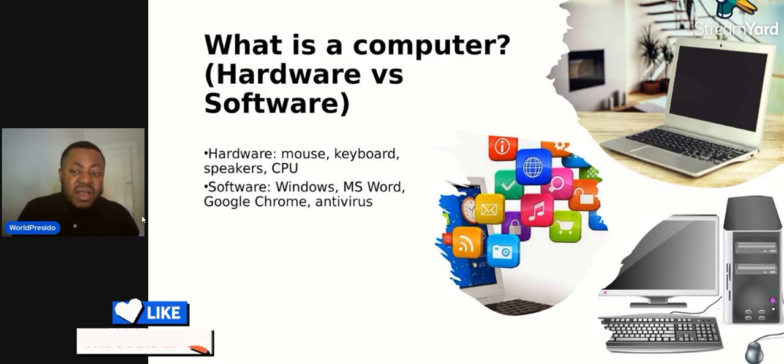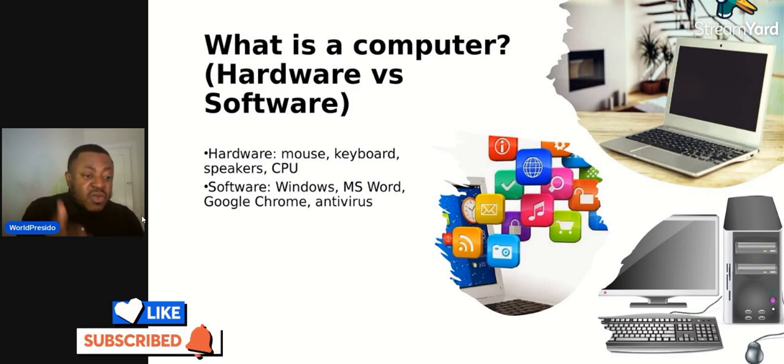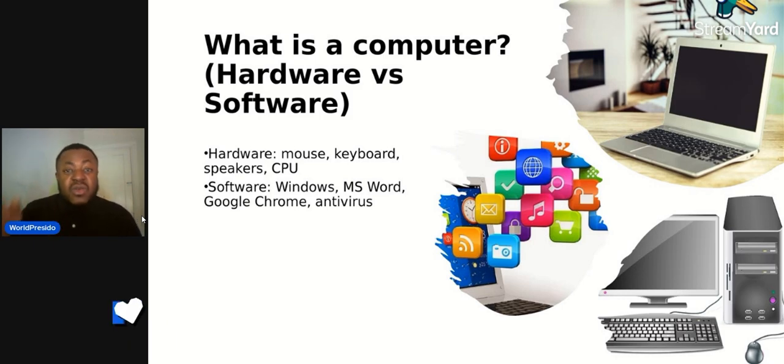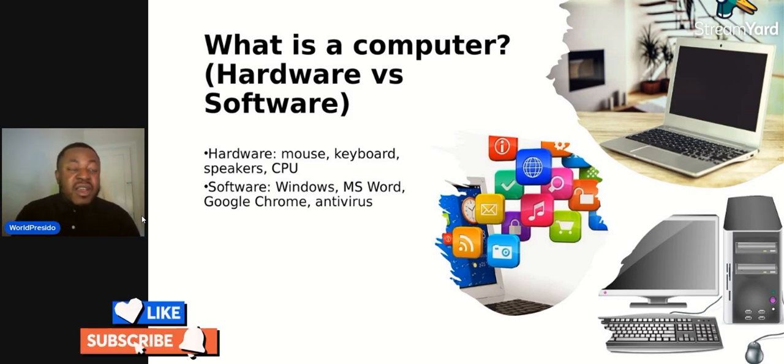And what are examples of software? The Windows are there, Windows 365, MS Word, Google Chrome. Many of us, if I ask you what's your favorite browser now, you tell me, oh, it's Google Chrome, it's Mozilla Firefox, name it, it's Edge. Those are softwares. Even your antivirus. I'll say, oh, I think my device is corrupt.